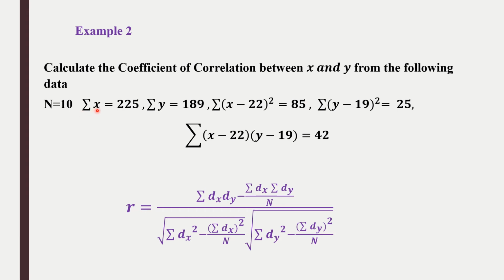Instead, we are given summation x and summation y. So from these summations, we have to calculate what is summation dx and summation dy. So we are taking dx as x minus 22, dy as y minus 19.